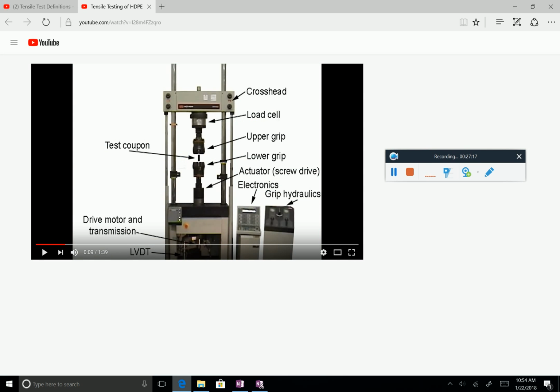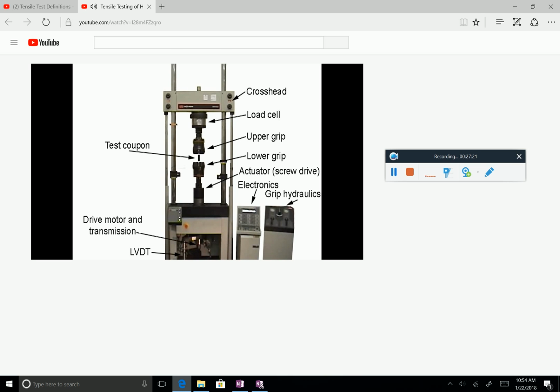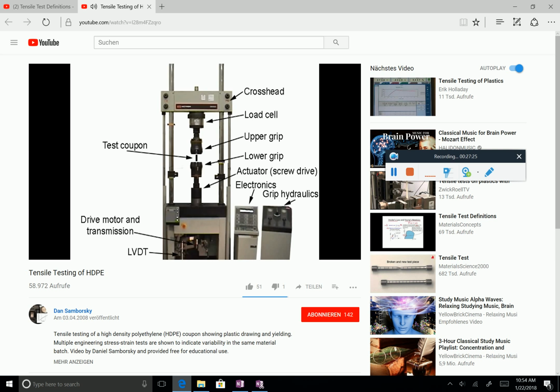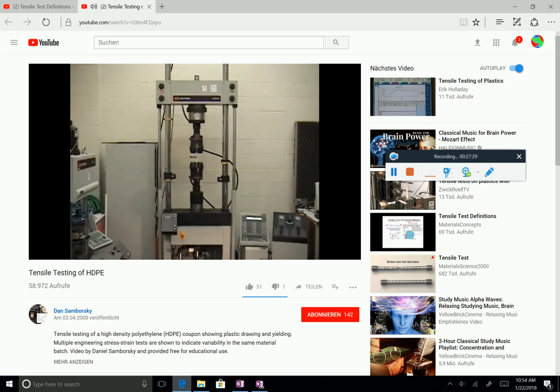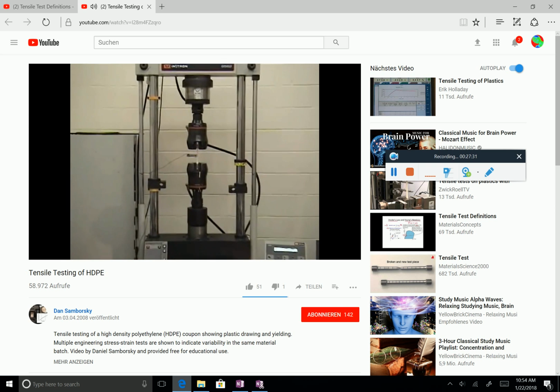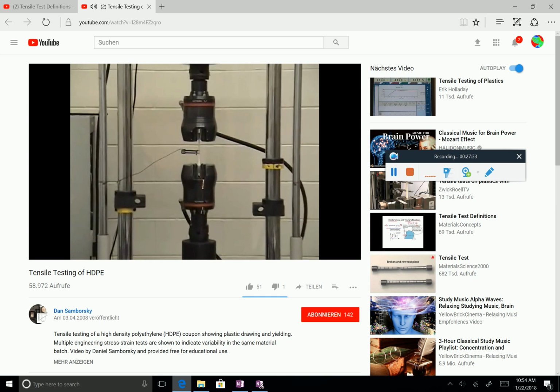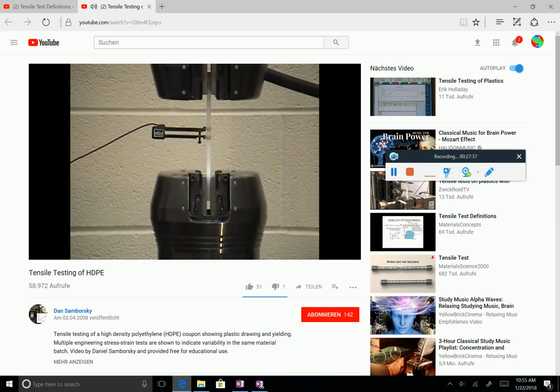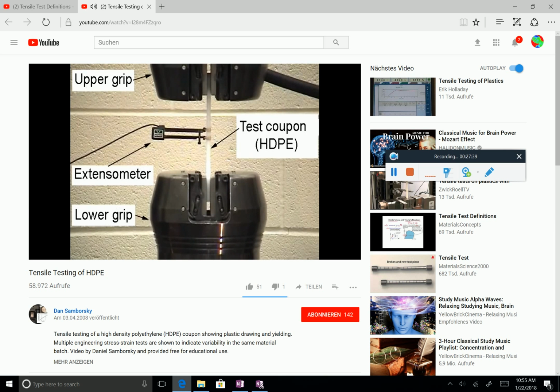Okay, and this is a nice video actually, because first you see the apparatus, and you see how it's getting smaller and smaller. And plastics deform differently. And here you see the extensometer.